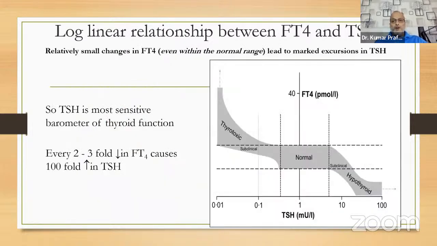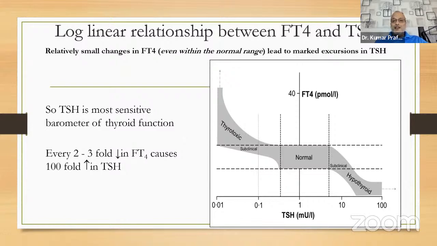Now let us move forward. How is thyroid stimulating hormone influenced by thyroid hormone? It is called a log linear relationship between free T4 and TSH, which means that a relatively small change in free T4, even within the normal range, leads to marked excursion of TSH. And that is what we can see here. Slight change in the T4, you can see these are the normal limits, and these are TSH ranges. So TSH varies greatly.